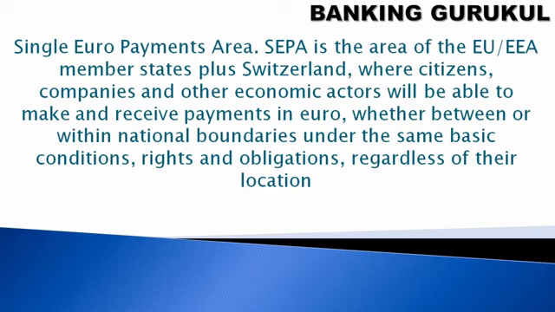SEPA, the Single Euro Payments Area, is the area of EU and EEA member states plus Switzerland, where citizens, companies and other economic actors are able to make and receive payments in euro, whether between or within national boundaries, under the same basic conditions, rights and obligations regardless of their location.